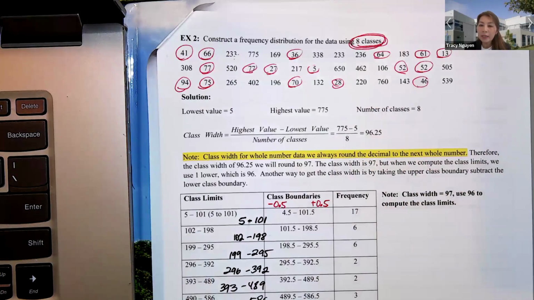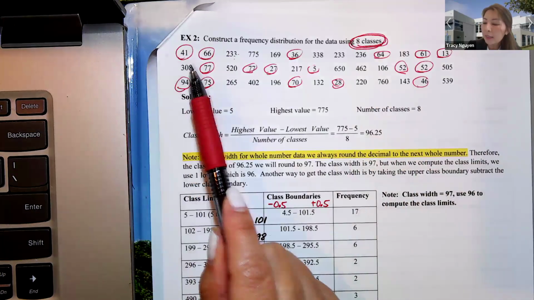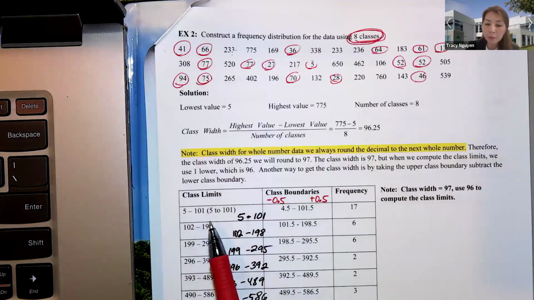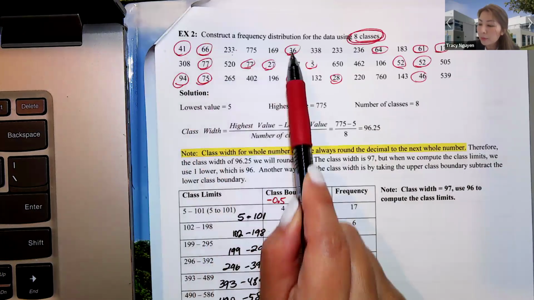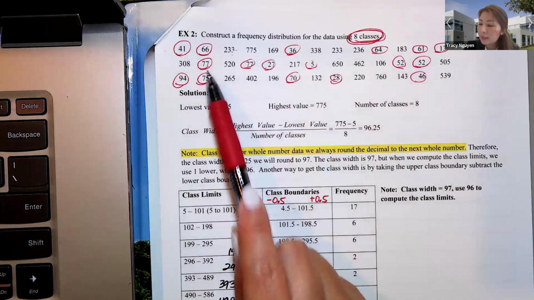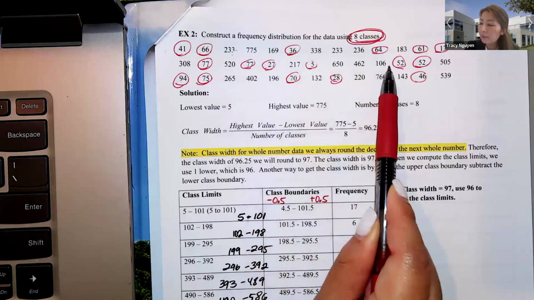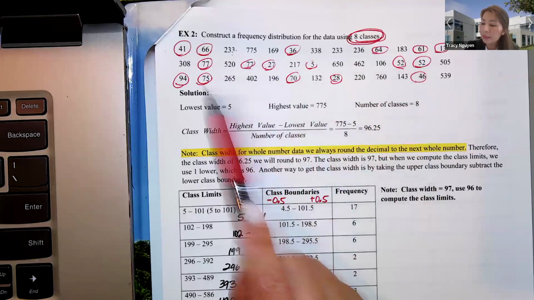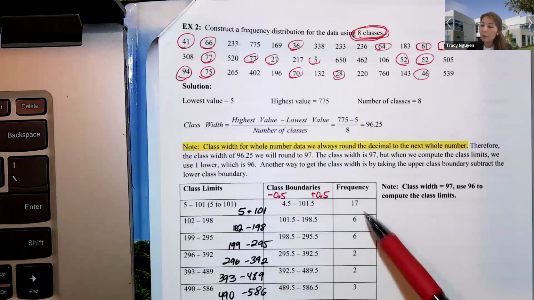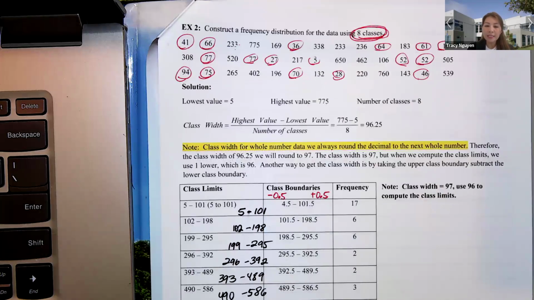Let's see how many I selected in the group from 5 to 101: 1, 2, 3, up to 17. That's what we get for the frequency from 5 to 101.